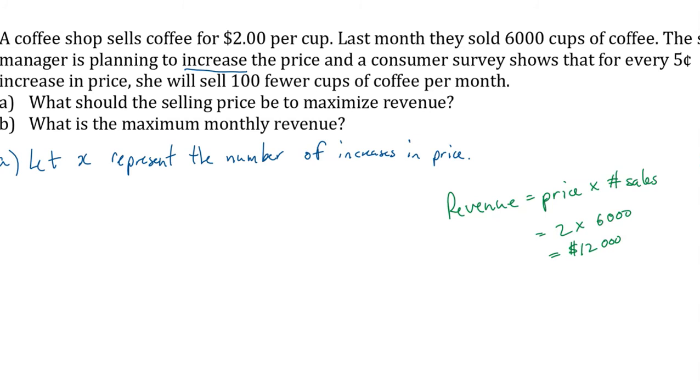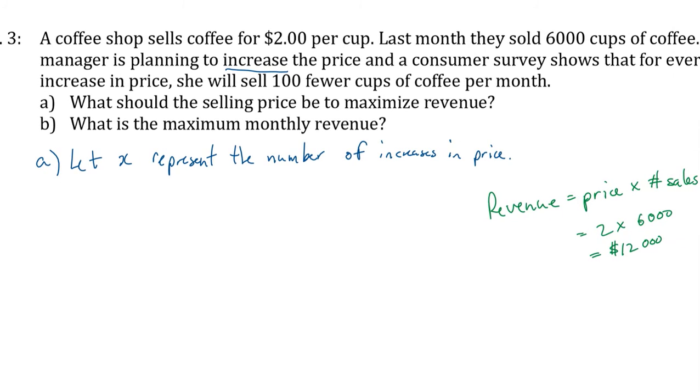We have to figure out what the new price is and what the new number of sales will be, and then we can make an equation that we can use to finish the question. So, old price was $2.